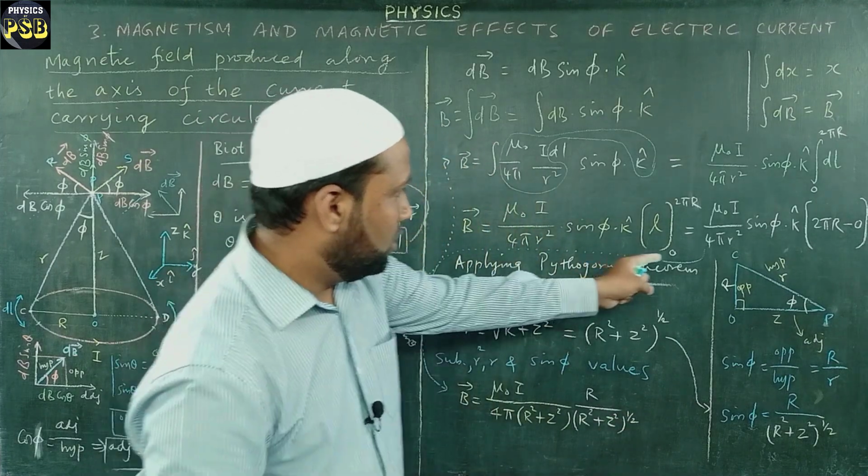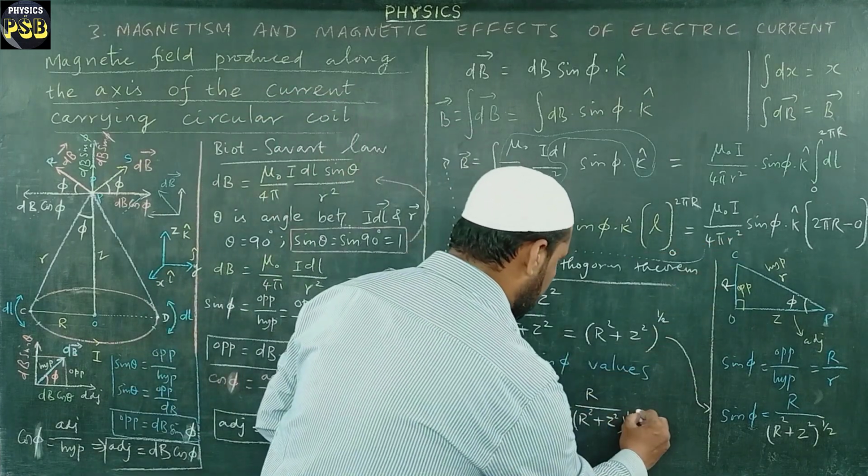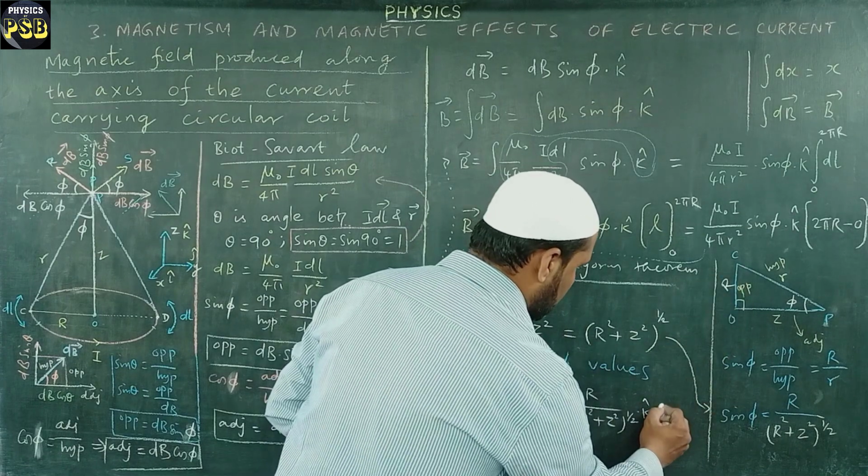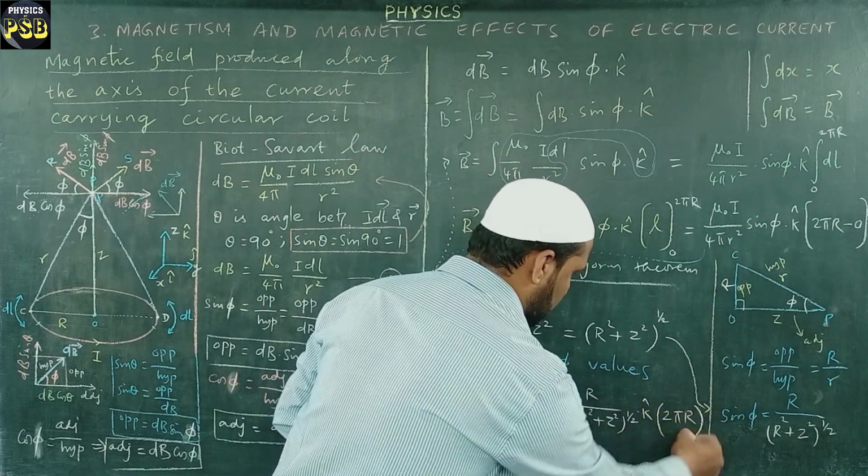Then what else is left? K cap, then multiplied by 2 pi R.